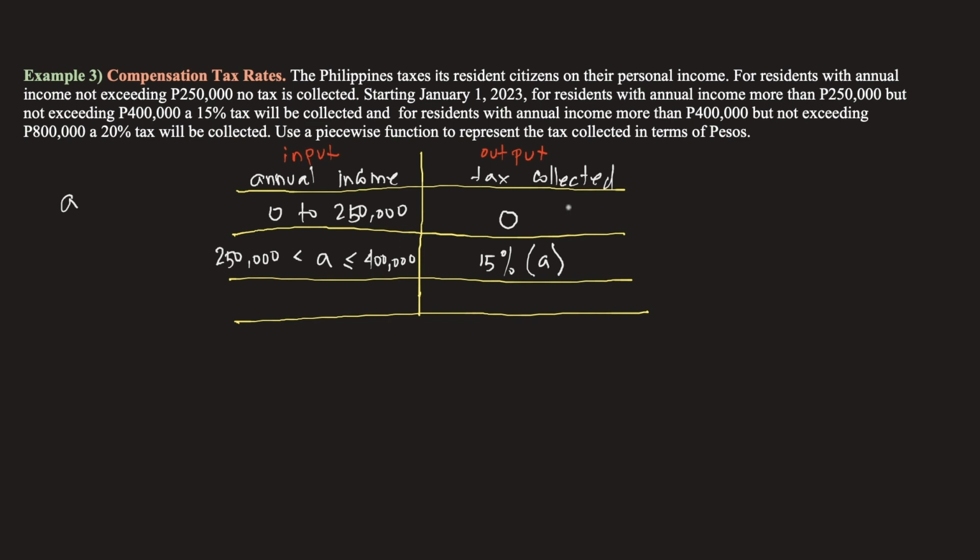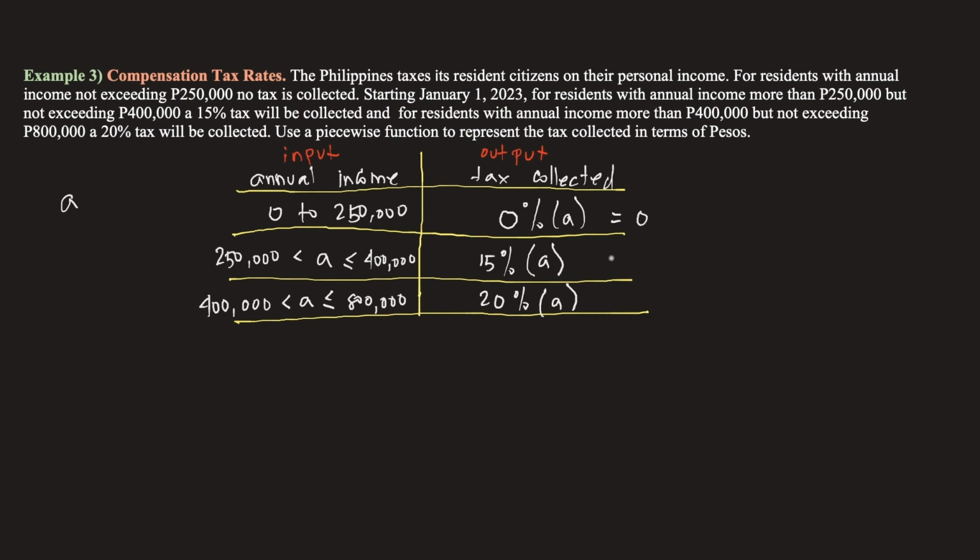And the third condition will be if the annual income is more than 400,000 but not exceeding 800,000, a 20% tax will be collected. Okay? So this means 0% times A is just equal to 0.